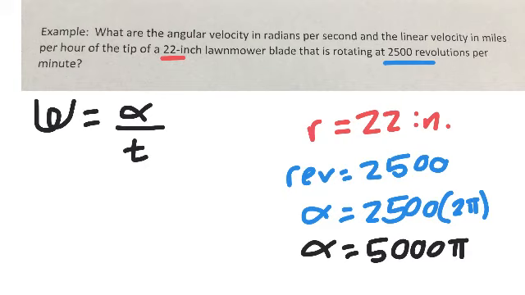Okay, now one thing I left out here because they're being real picky on the units. That was 2,500 revolutions per minute. So that means they did 5,000 pi, not degrees, 5,000 pi radians in a minute.